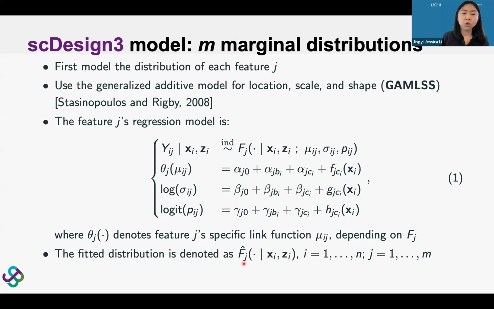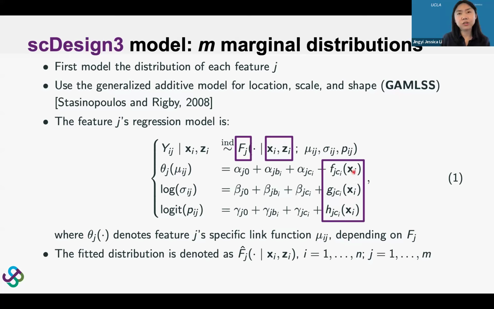Once we fit the model, we denote the fitted marginal distribution for feature j as Fj hat. All right, that's the marginal modeling. So just to be clear, we need nonlinear functions or non-parametric modeling for f, g, and h if xi is pseudotime or spatial location, because we don't want to assume it is linear.